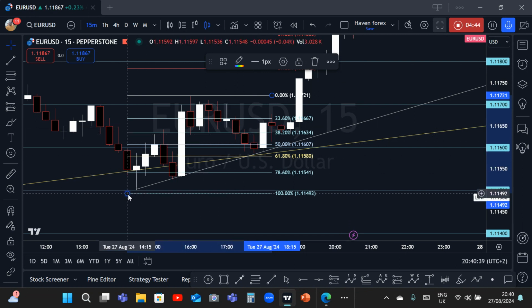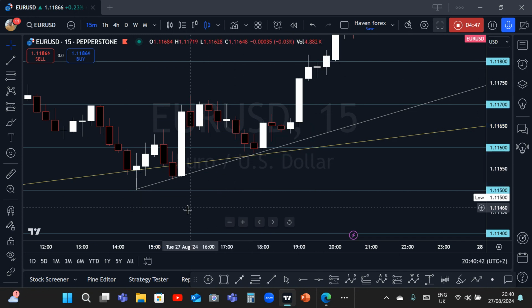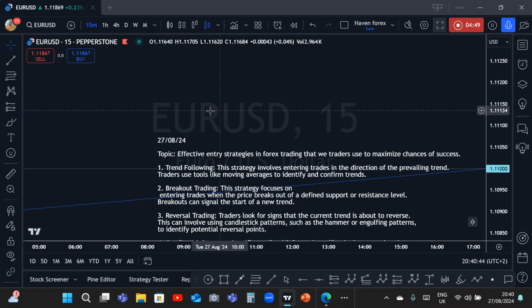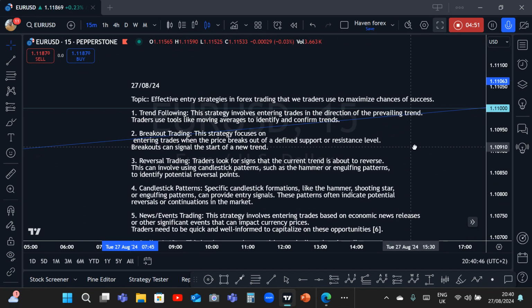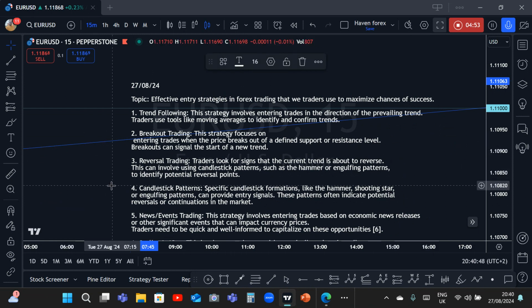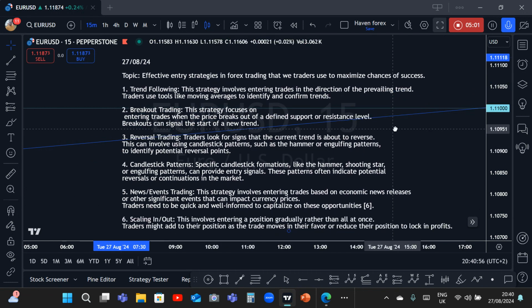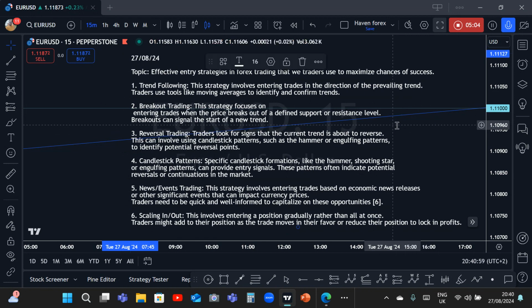It's as simple as that, guys. It's very simple. You don't need to struggle with this. So you stick with the trend. It's a nice strategy when anytime you open your chart and you see that this is a bullish trend, or you see that the trend is about to change character.